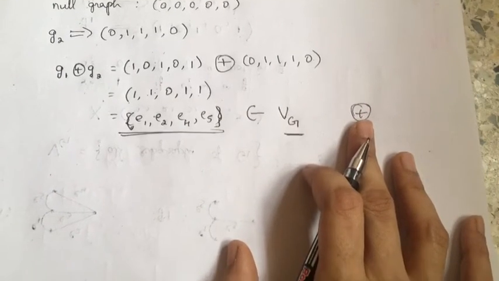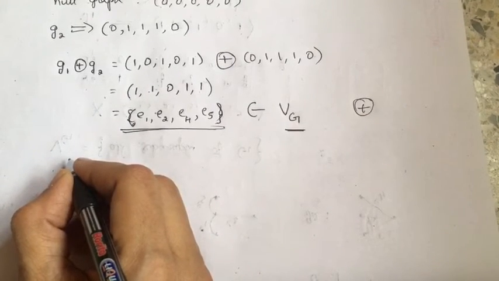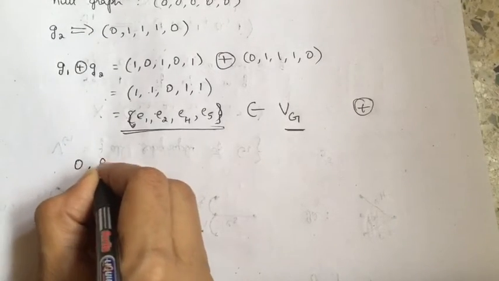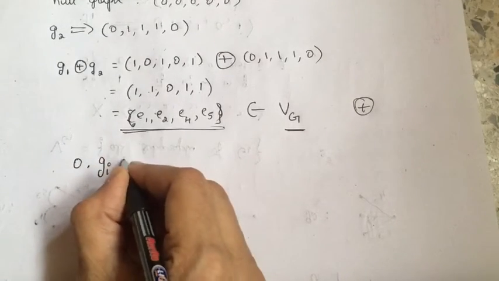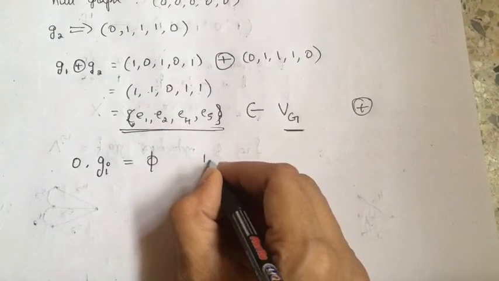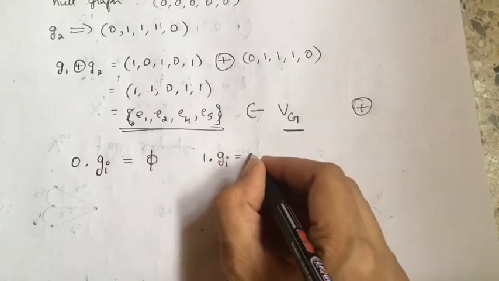Now I can define 0 times Gi, for any subgraph, as a null graph, and I can define 1 times Gi as the subgraph itself.